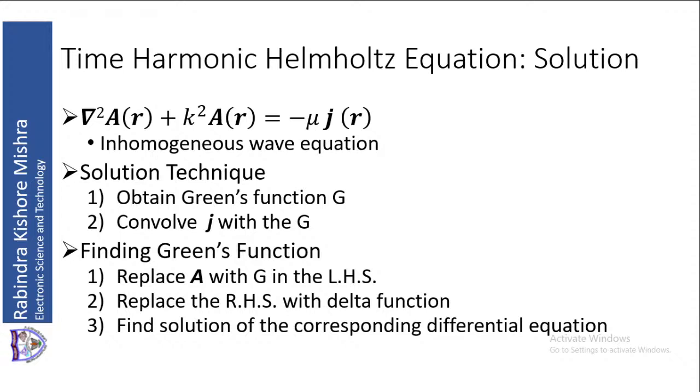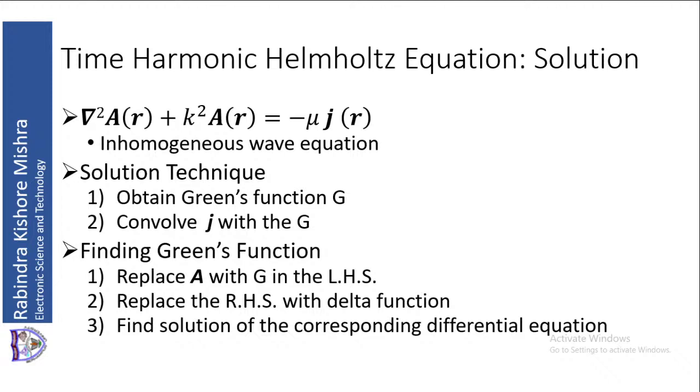So source will be at R dash only, when R is equal to R dash. Suppose R dash is at 0, at the origin. If we place the source at the origin, then the source is at the origin only. Otherwise source is 0.